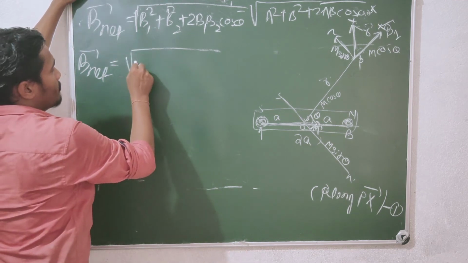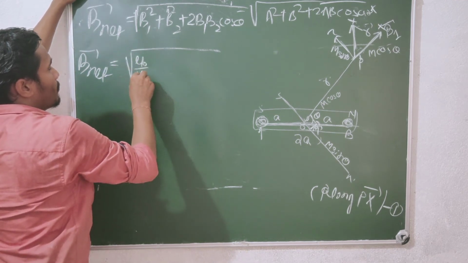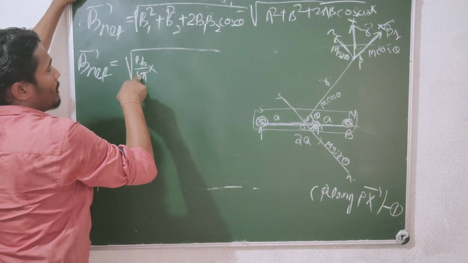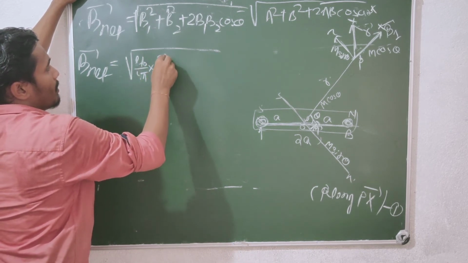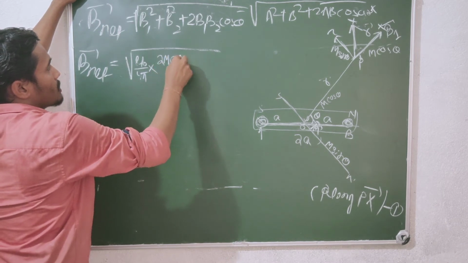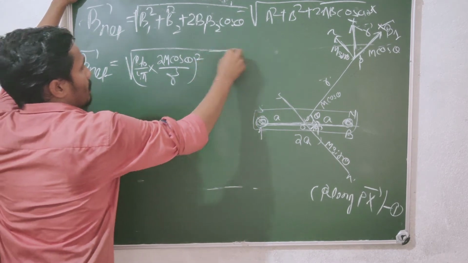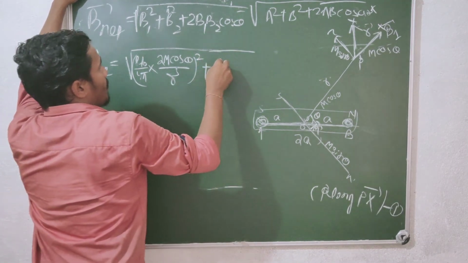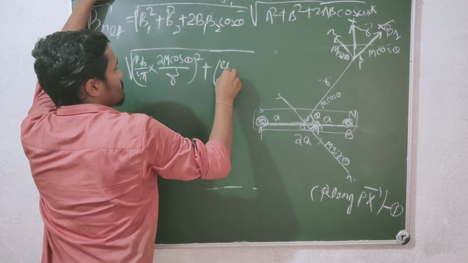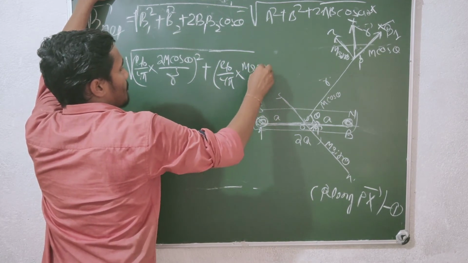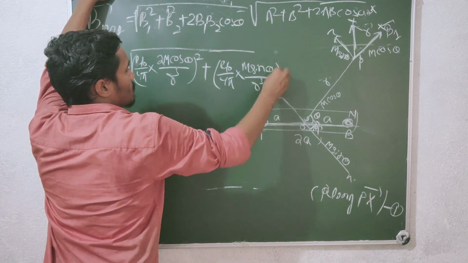So b1 will be mu naught upon 4 pi into 2m cos theta upon r cube, its whole square, plus b2 square. It means mu naught upon 4 pi m sin theta upon r cube, its whole square.